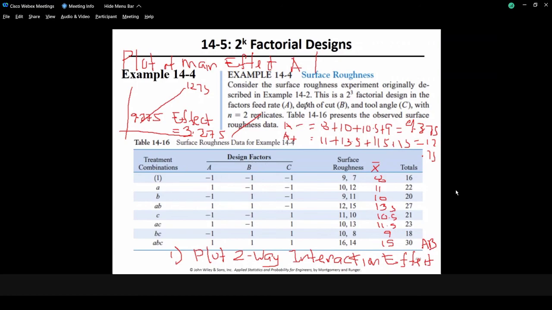Test 1 only covers a single factor and up to 2 factors, 2 by 2, but not 2 by 3. The 2 by 3 design is covered in test 2, from this topic onwards.